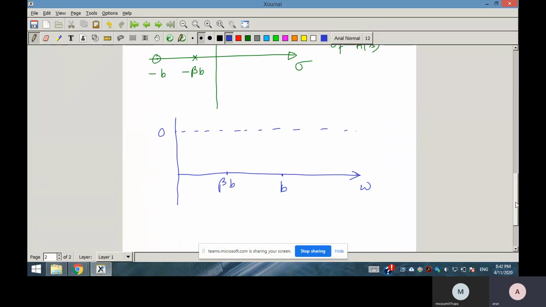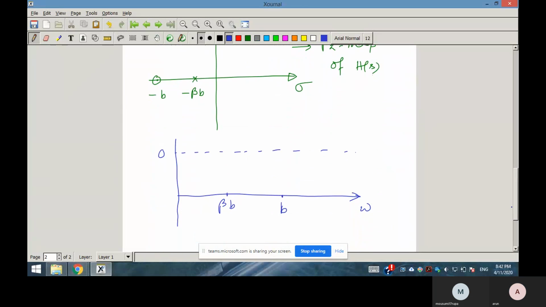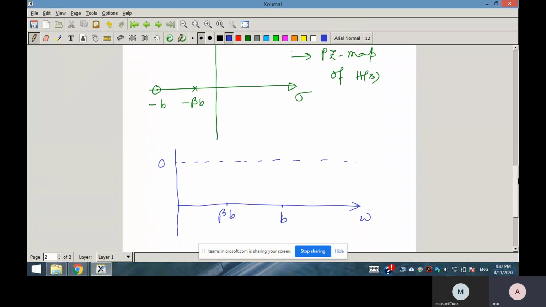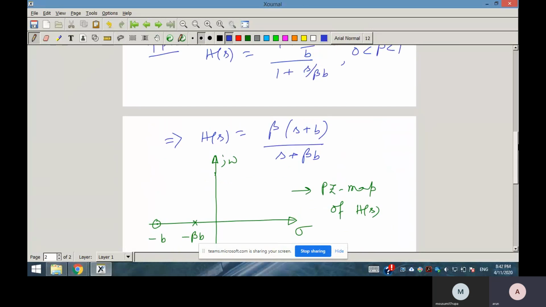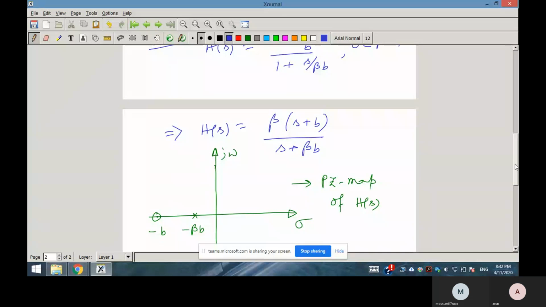Then what will happen? First the pole will dominate, because beta is less than 1. So because of this pole, first a minus 20 dB per decade slope will be there, so it will look like this.